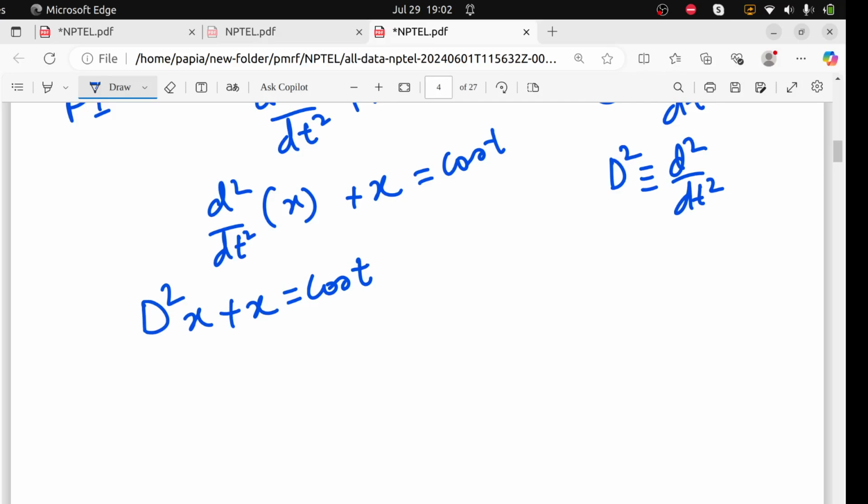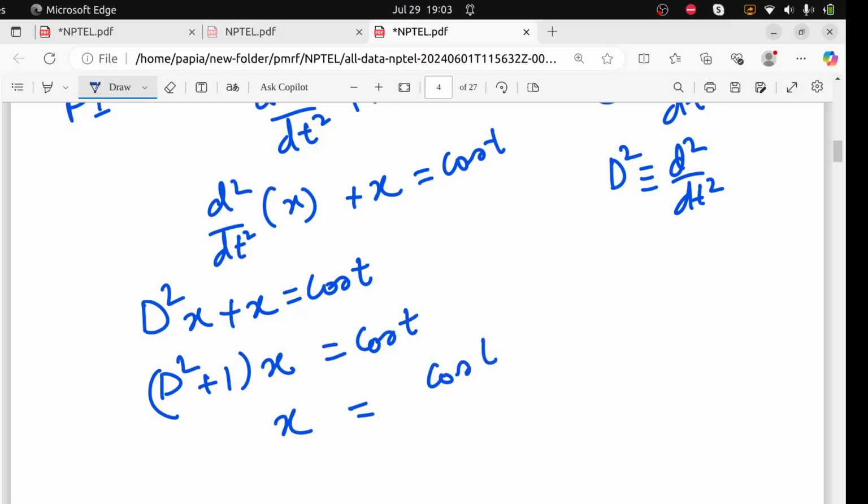D is an operator, okay? Don't think that it's a constant value. So D² plus 1 common, and then x, I can write equals cos t. Then I can write x as cos t divided by D² plus 1. I can write it like that.